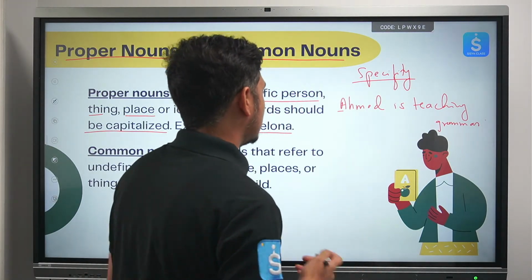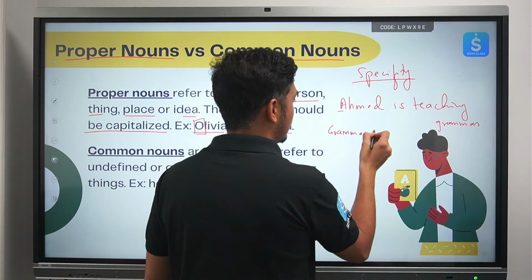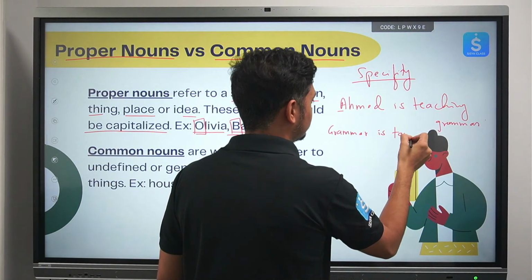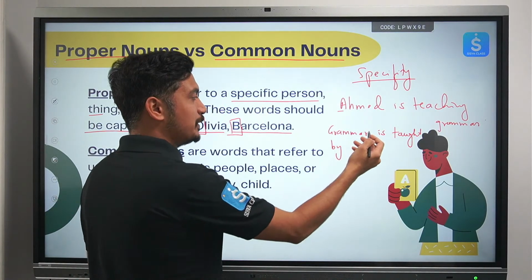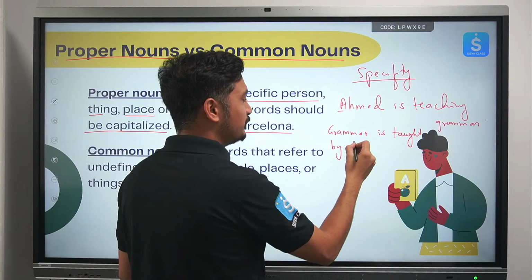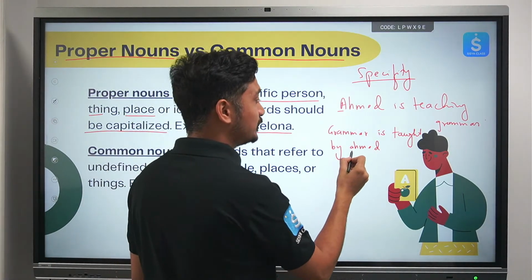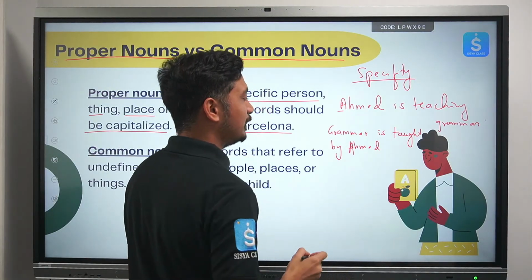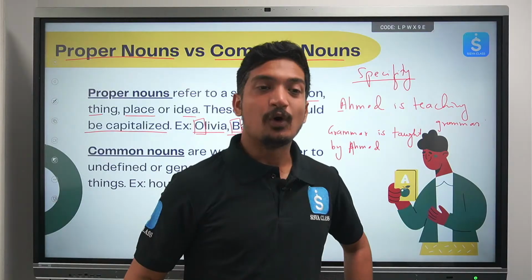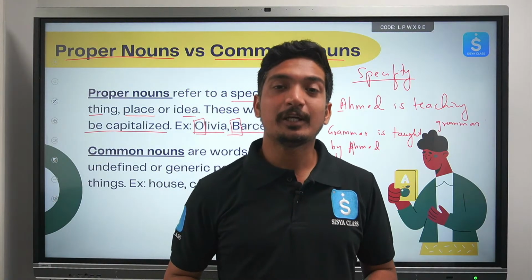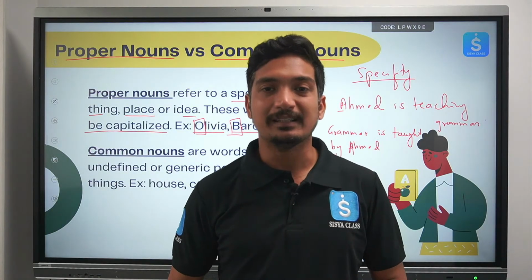Or else I will say grammar is taught by Ahmed. Now see, I should have written a small a, right? However, because this is a proper noun, I'll write a capital A no matter where you position this word in the sentence. So always keep in mind that when you're writing a proper noun, it should always be capitalized. That's how a proper noun is identified.